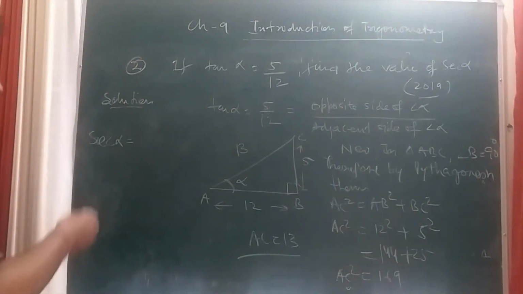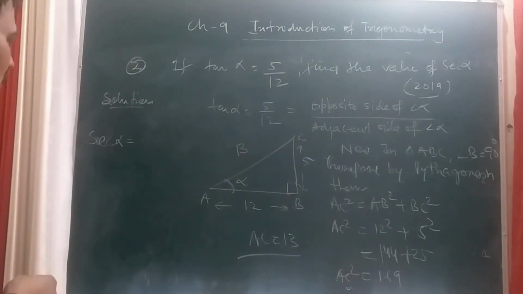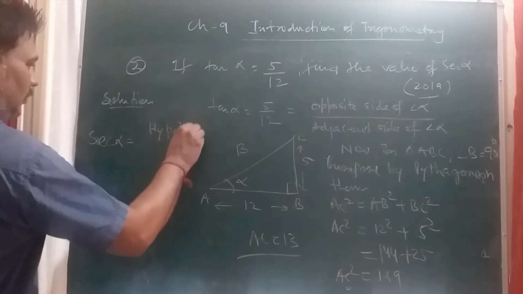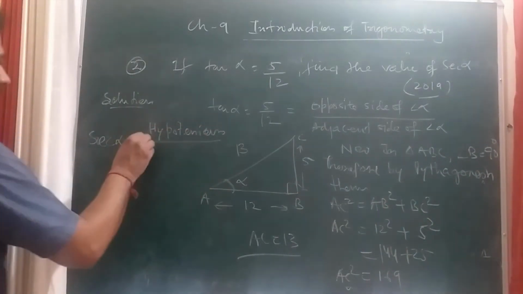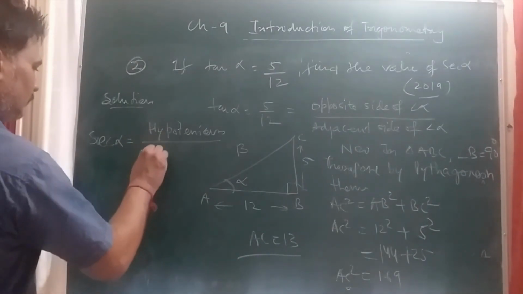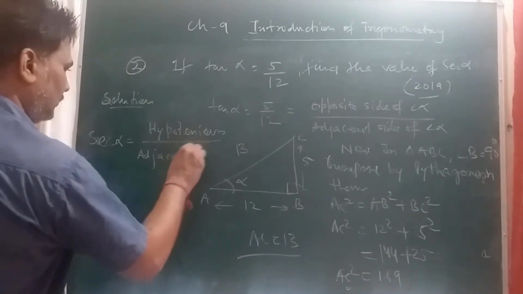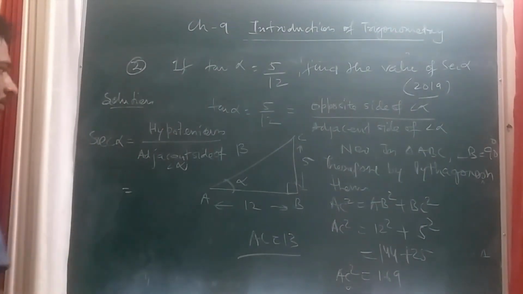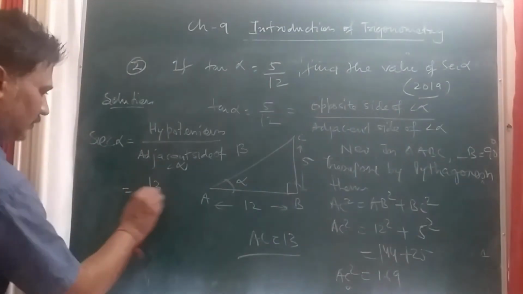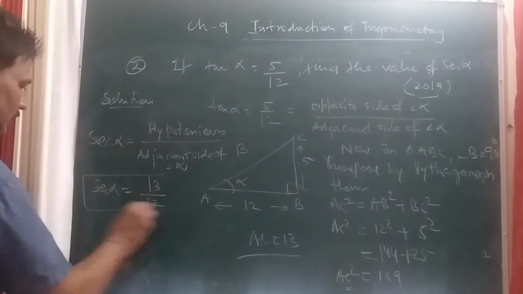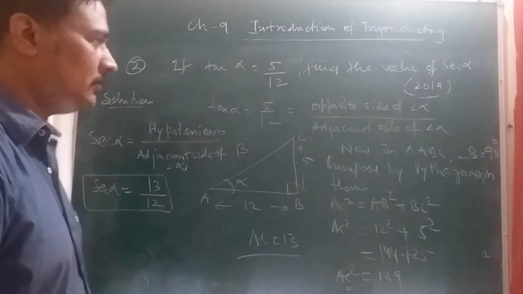So the formula for sec alpha is hypotenuse upon adjacent side of angle alpha, and it is 13 by 12. So the value of sec alpha is 13 by 12.